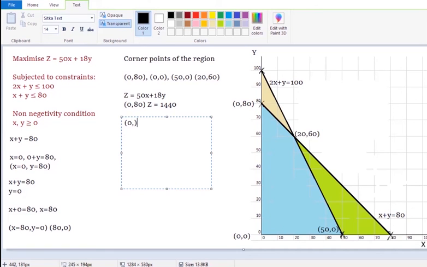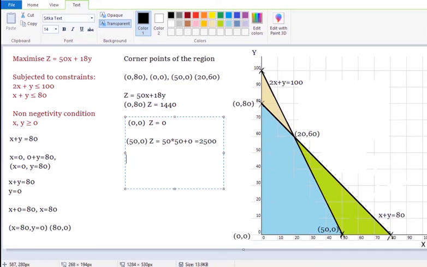What will be the value of z for 0, 0? 50 into 0 plus 18 into 0. It is equal to 0. Okay. Now next point is 50, 0. So for 50, 0, what will be z? Z is equal to 50 into 50 plus 0. That is equal to 2500.